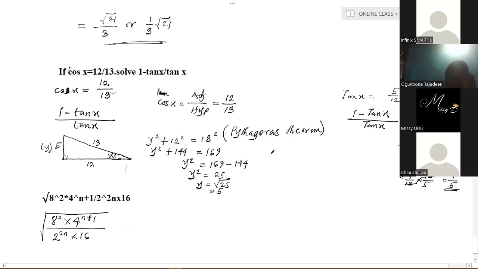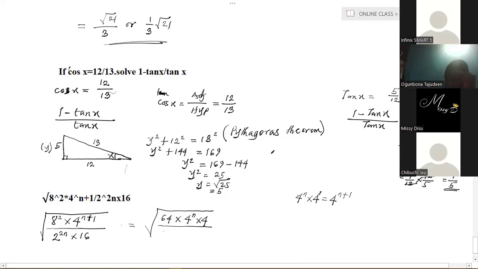The way we solve this is, we now have from here 64 times 4 raised to power n times 4. You ask me how I got times 4. 4 raised to power n times 4 is the same thing as 4 raised to power n plus 1. And this one is raised to power 1.